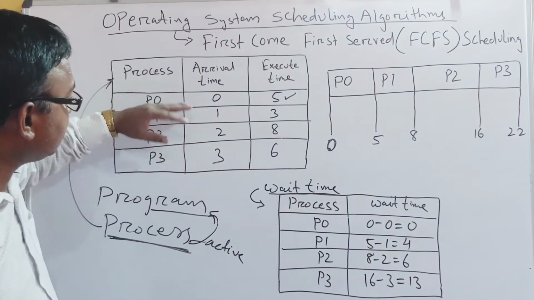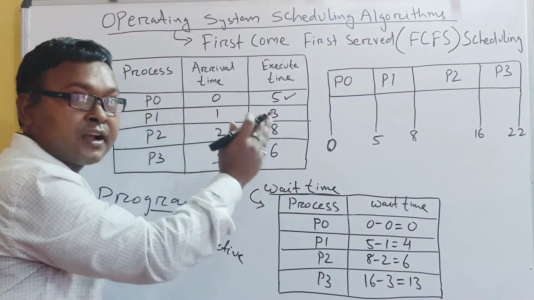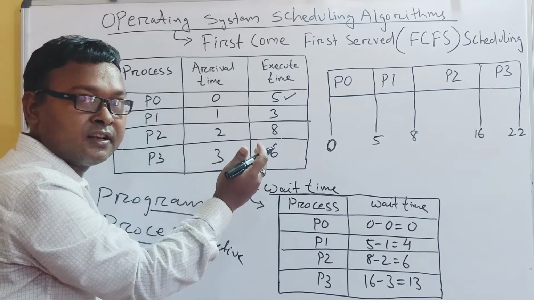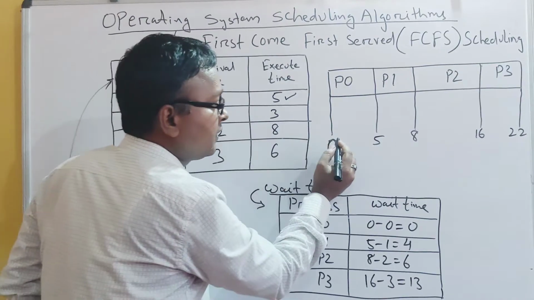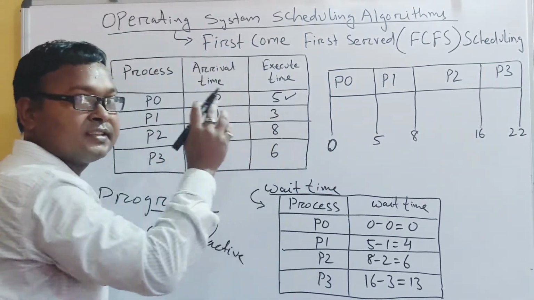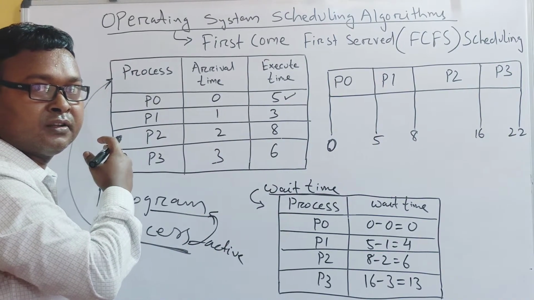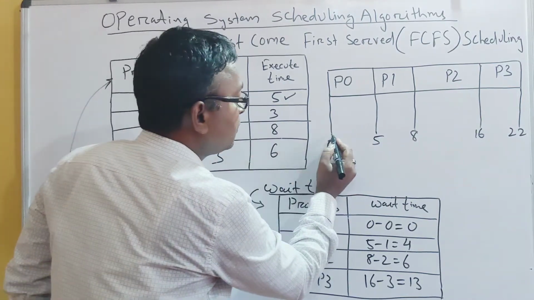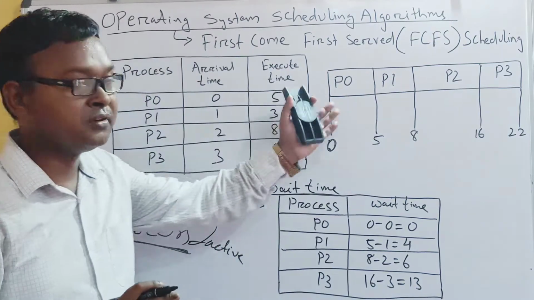Now it is scheduling accordingly. As FCFS is a non-preemptive algorithm, P0 enters the processor, executes totally, takes 5 nanoseconds. As it is non-preemptive, it cannot come out until it completes its execution. So 0 time started, 5 completed. P0 comes out.